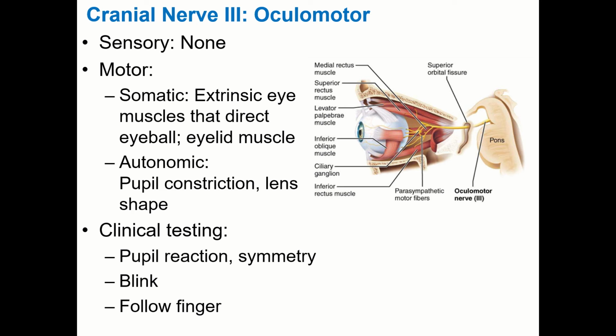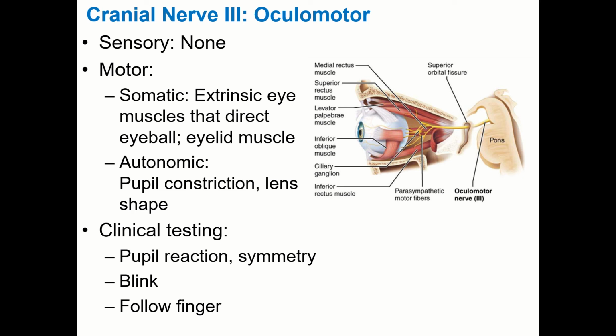And you also want to make sure that both of their pupils are even. They probably will be if you're talking to them on the sideline, but while you're at it, you want to check that out. And so that's the symmetry aspect. So you make sure that both pupils are equal and reactive to light. The acronym for that is PERL. Pupils are equal and reactive to light.